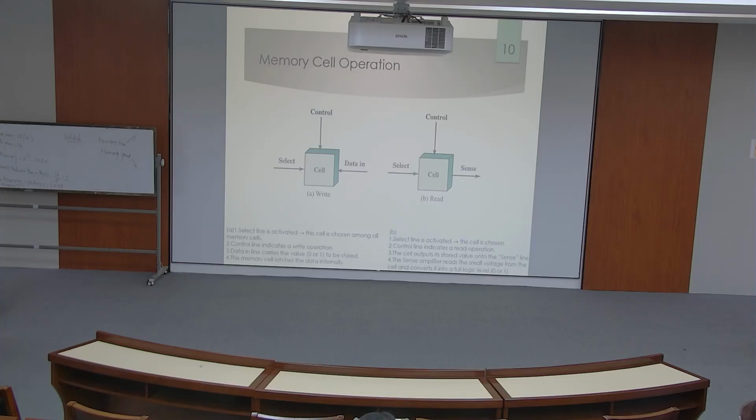The sense line has to be amplified to read the small voltage from the cell. This picture depicts a basic memory cell and demonstrates how it operates during write and read operations.